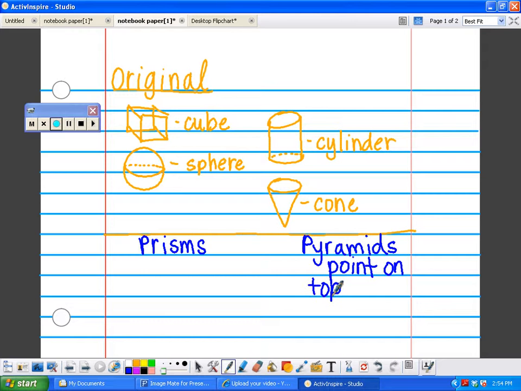We drew one, didn't we? The very first, whenever I said draw this shape, that was a pyramid. I said make sure it comes to a point on top. So when you hear the word pyramid, I want you to always remember point on top.